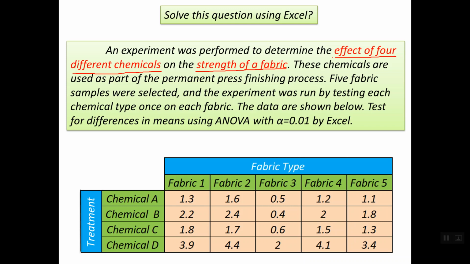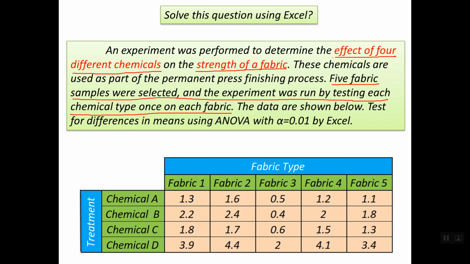These chemicals are used as part of the permanent press finishing process. 5 fabric samples were selected, and the experiment was run by testing each chemical type once on each fabric. So we have here 5 different types of fabrics, fabric 1 till fabric 5.